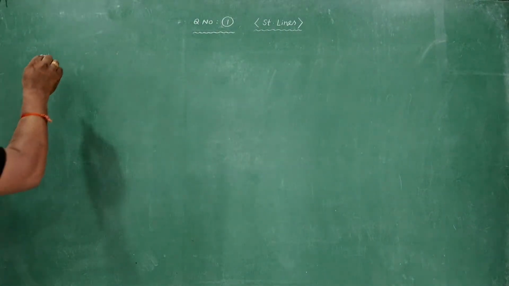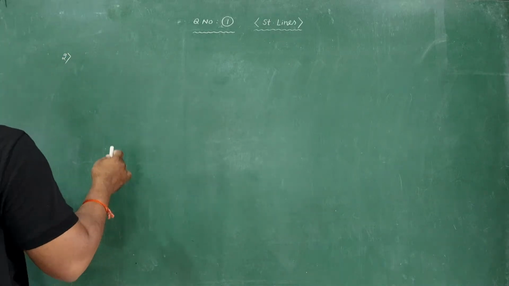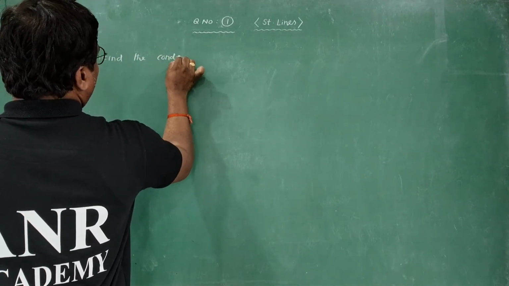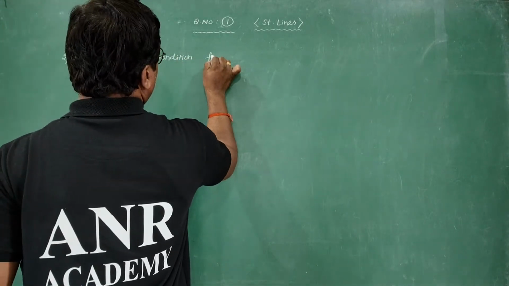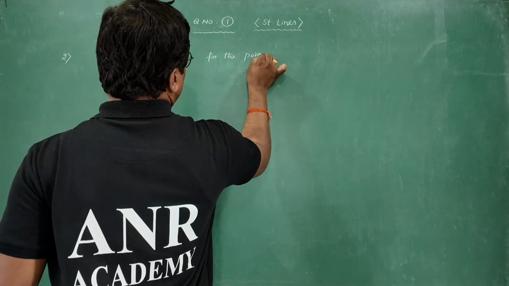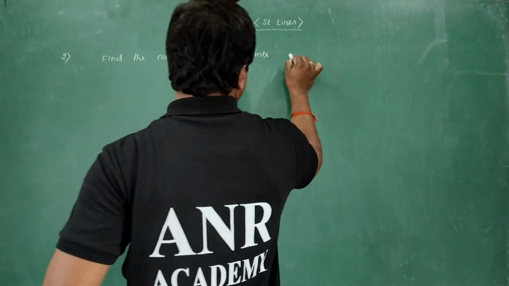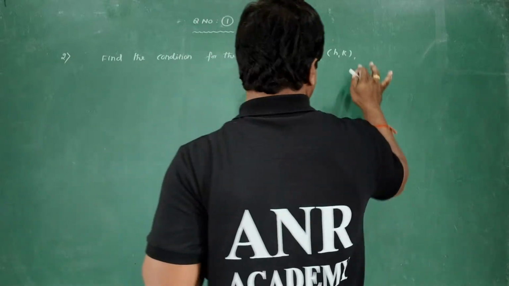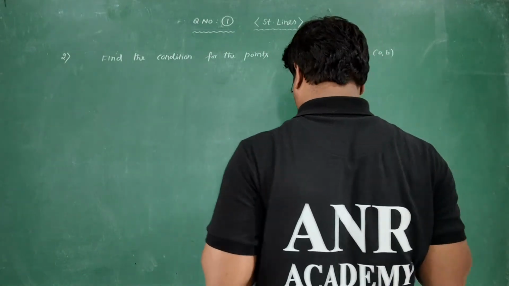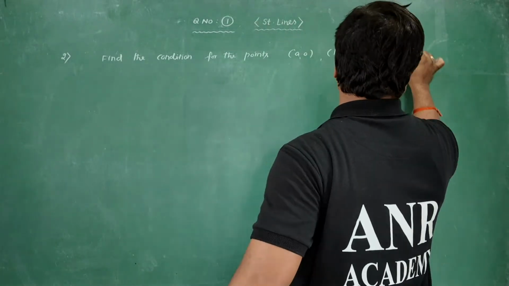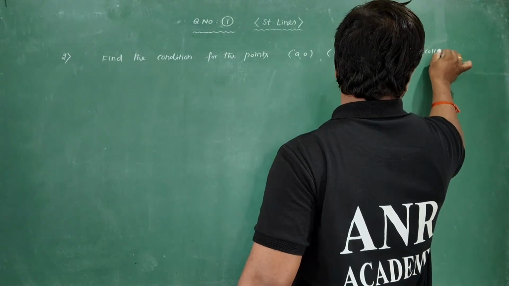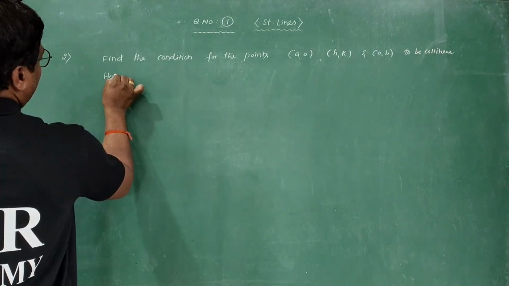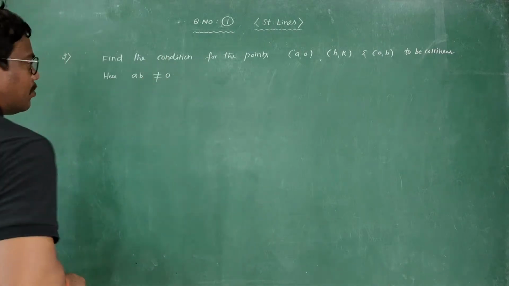Second question. Find the condition for the points (a, 0), (h, k) and (0, b) to be collinear, given that ab is not equal to 0.